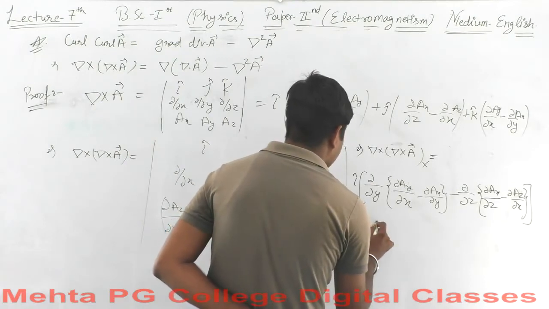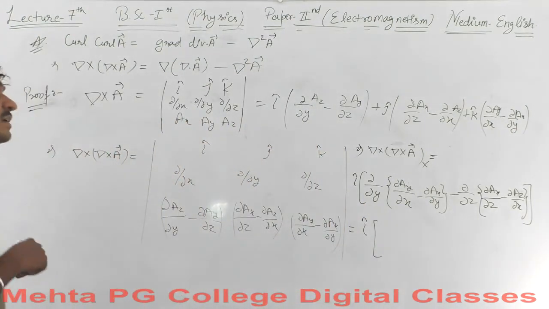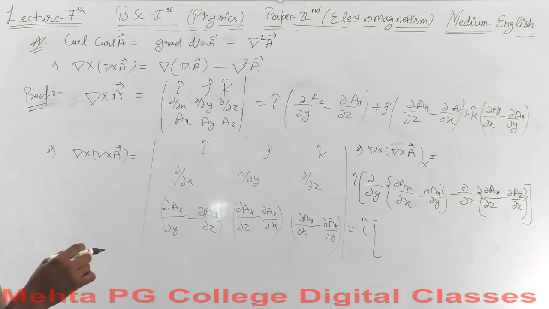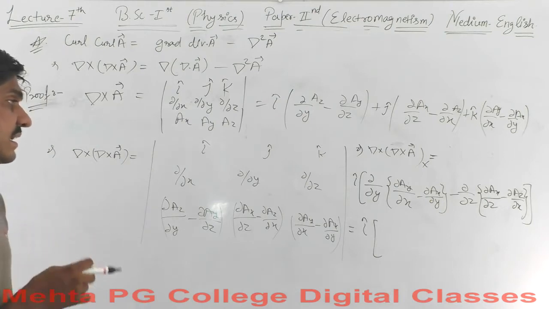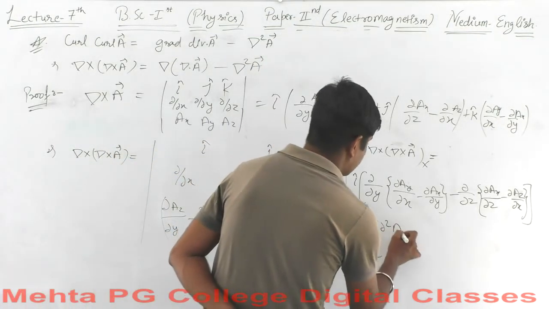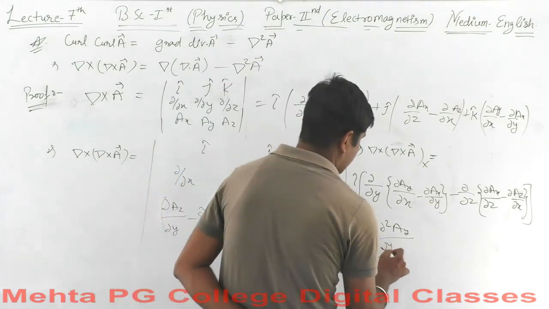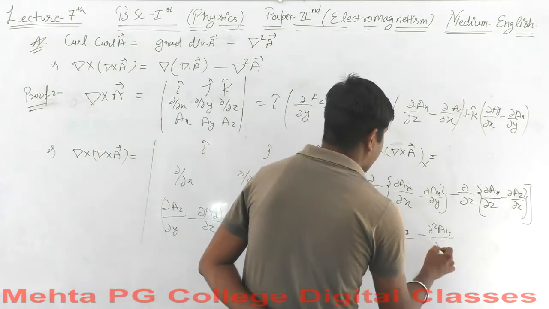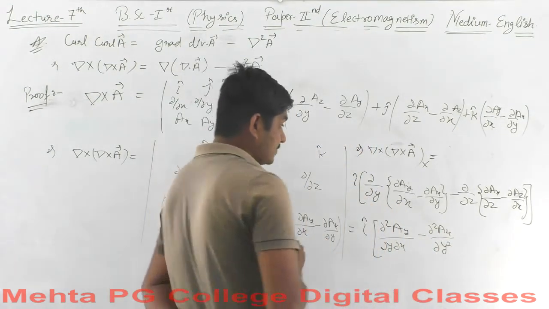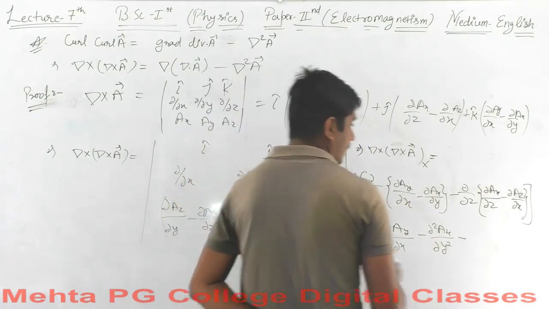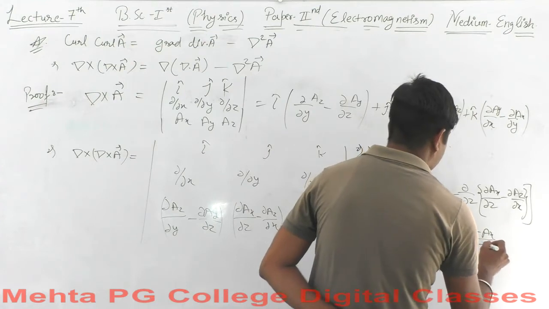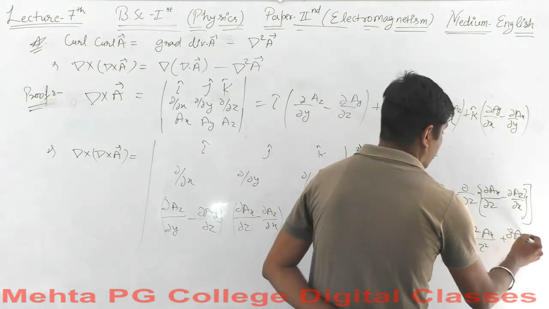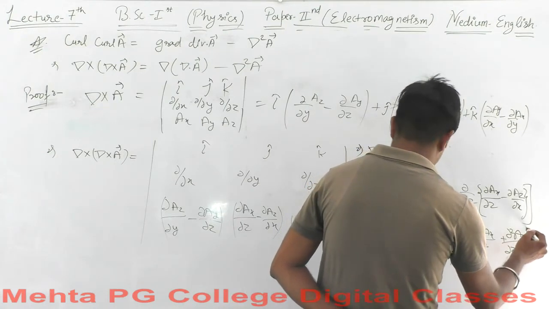This is equal to i cap, ∂²Ay/∂y∂x minus ∂²Ax/∂y², again minus ∂²Ax/∂z², minus minus plus this time, ∂²Az/∂z∂x.